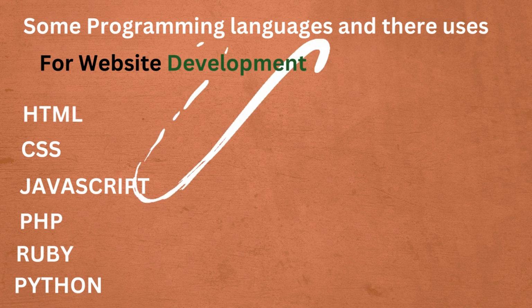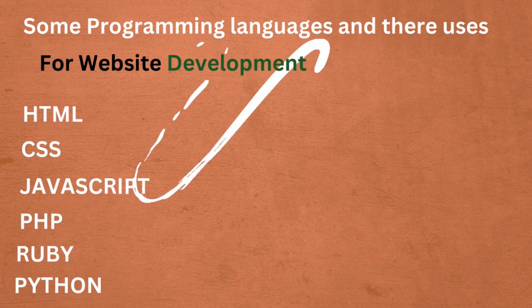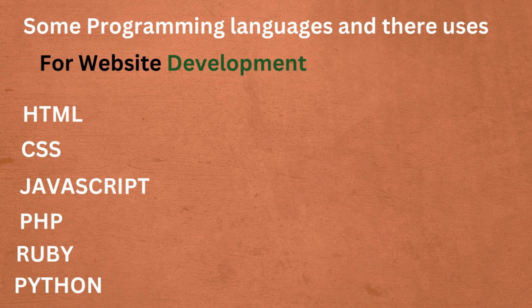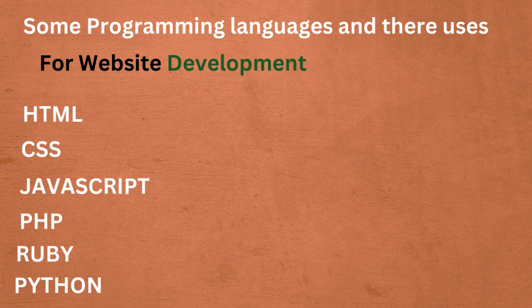You can use those three. HTML is hypertext markup language, while CSS is cascading style sheets. You understand? So you can use the first three languages to make a website. You can even use the first two. If you want to add more action to your website, you can include JavaScript.